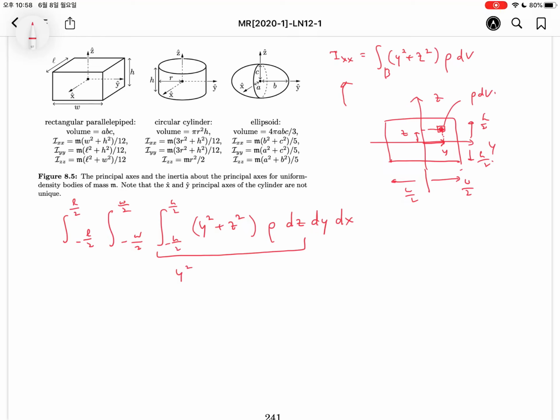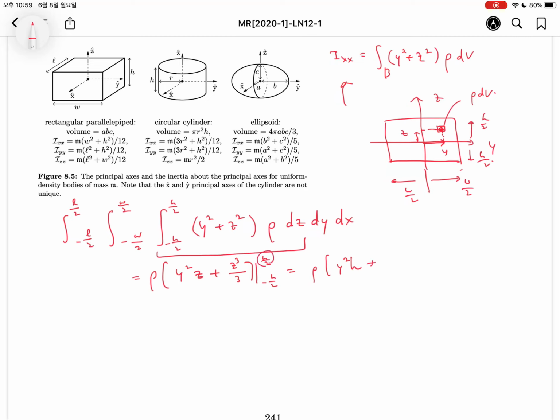Y square is constant from the viewpoint of z, so z, and z cube over 3. And then we will apply the limits h over 2 and minus h over 2, and then rho. Let's obtain it. Rho, and then y square, h over 2 minus minus h over 2, so h.